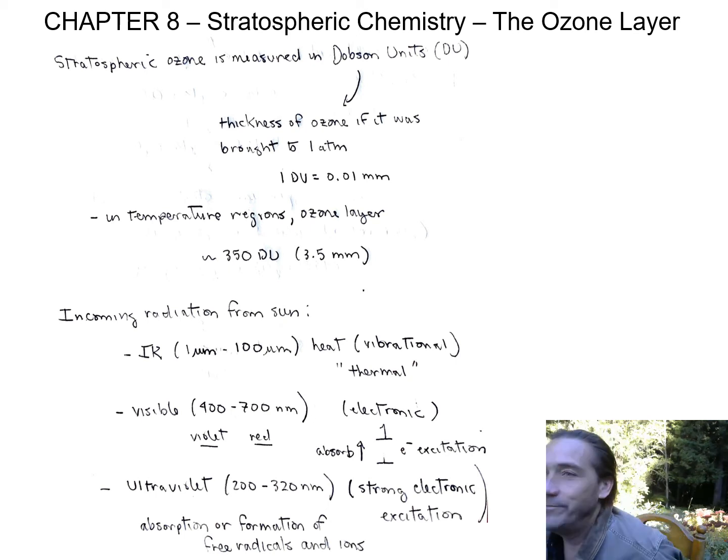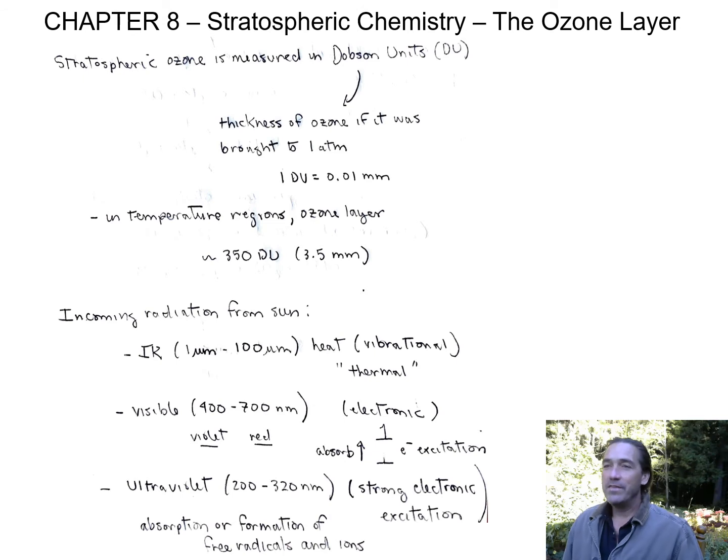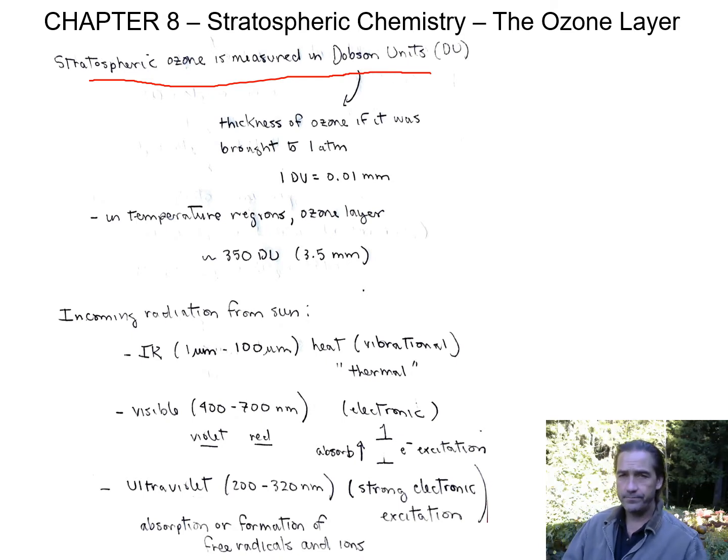Here we are again. So this video is on the nuts and bolts of the ozone layer. To start, the thickness of the ozone layer is measured in Dobson units, DUs.